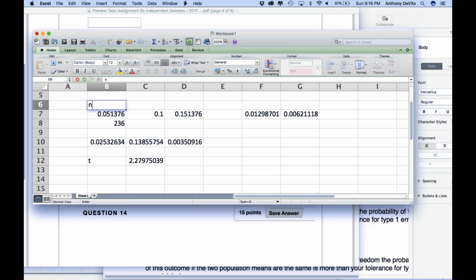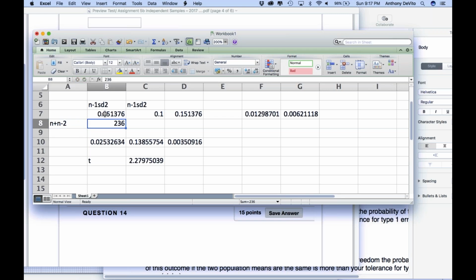This is n minus 1 times standard deviation squared, and this is n minus 1 times standard deviation squared, and this is my n plus n minus 2.